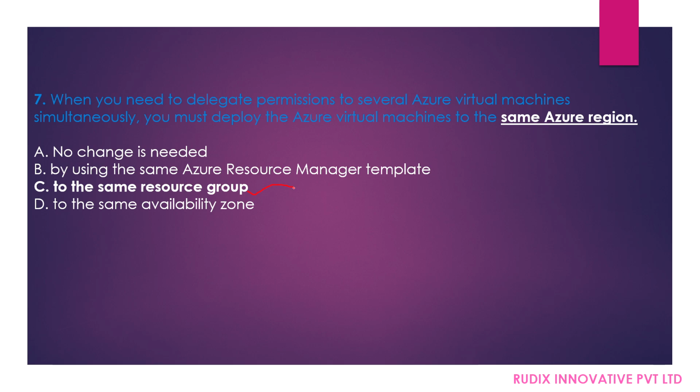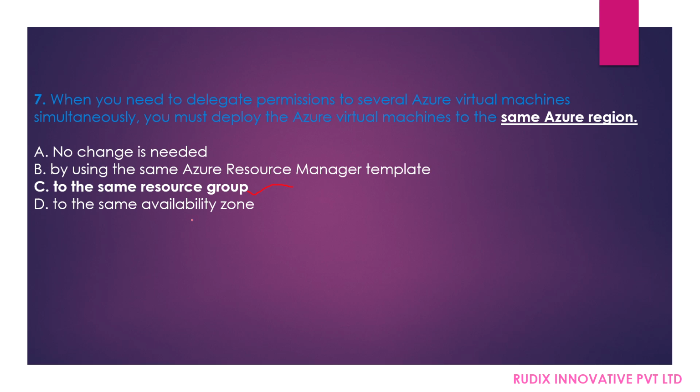Deploying to the same Azure region, option A, no change needed, does not inherently facilitate delegation of permissions. Coming to option C, to the same resource group. While deploying virtual machines to the same resource group may simplify management tasks, it does not specifically address the need to delegate permissions simultaneously to multiple virtual machines.